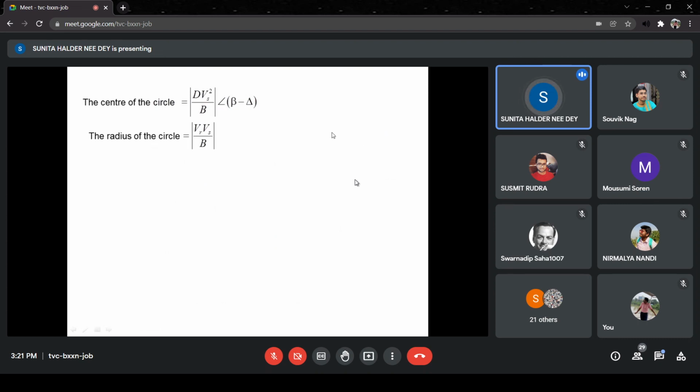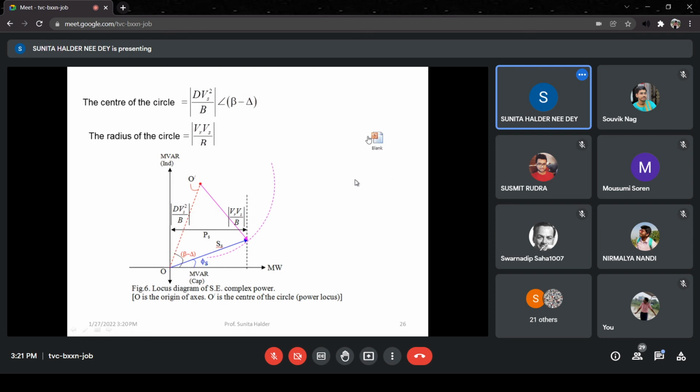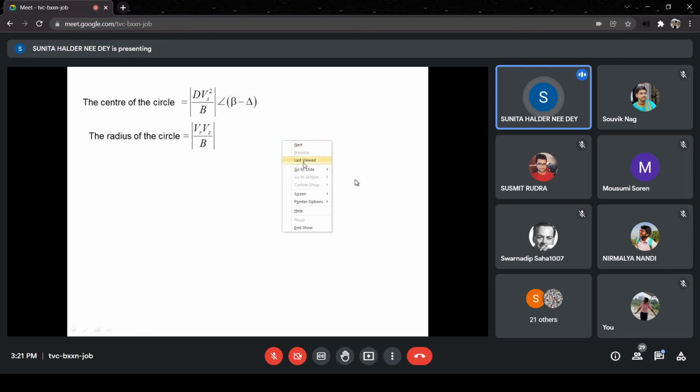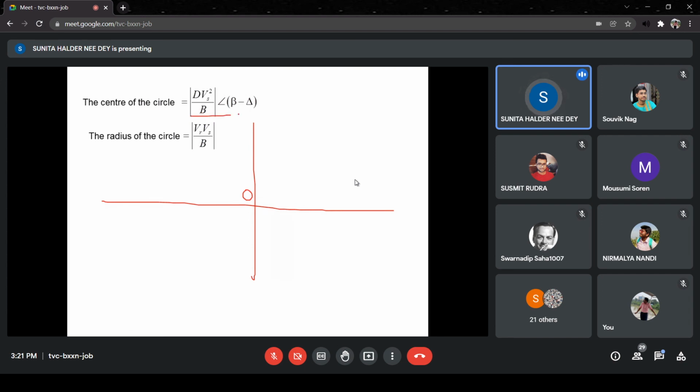So how can we draw it? Here we must draw one set of axes, then this is say O, then the center is dV square by B, beta minus delta. Then we must draw an angle beta minus delta here. From there we shall cut dV square by B, right?